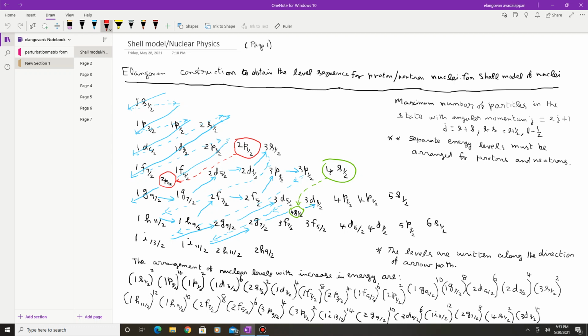For a state where the spin is half, the angular momentum j will be L plus s and L minus s. There are two possibilities. For an s state there is only one possibility, L plus half. So L is 0, so 0 plus half is half. So j is half.